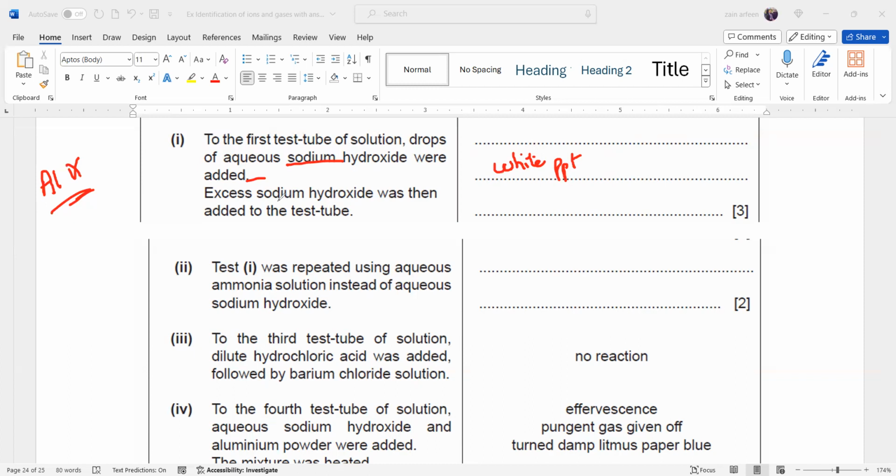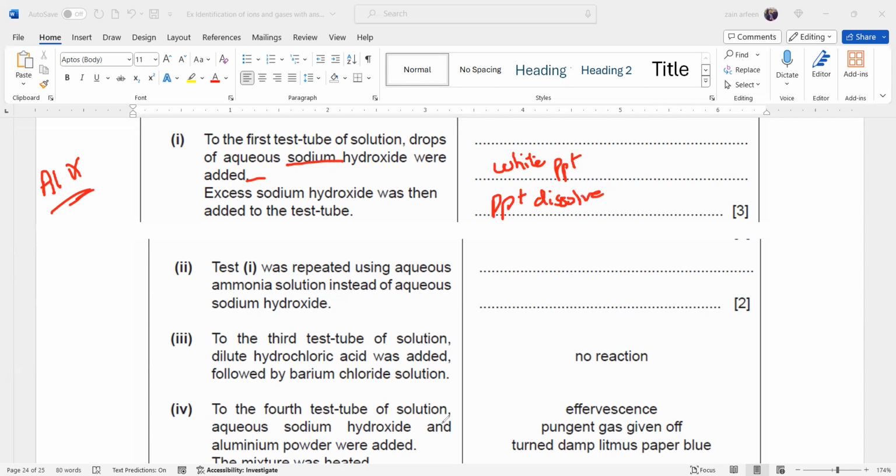And if we add an excess of sodium hydroxide, what will the observation be? It will dissolve. When we add a few drops of sodium hydroxide, it will be a white precipitate, but in excess the precipitate will dissolve.